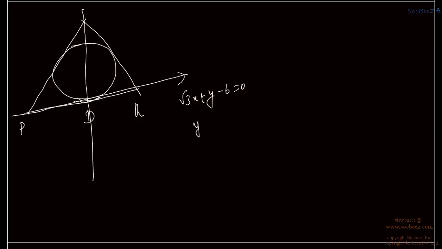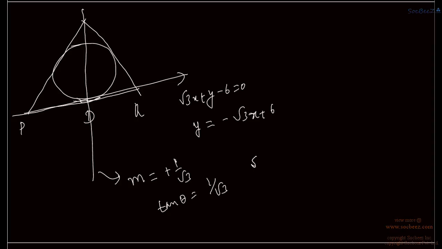So the slope of line PQ is minus root 3, right? So the slope of this line should be minus of 1 upon minus root 3, that is plus 1 by root 3. That means tan theta here is 1 by root 3.